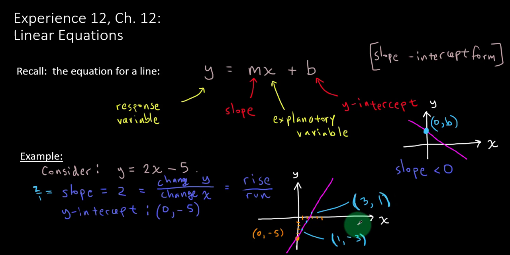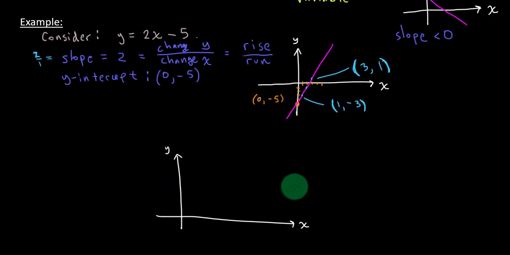Where we are going to take this in the subsequent videos and for this chapter is imagining we're going to create lines, but we need to create them based on data that was observed or measured. So I'm going to scroll down a second here.